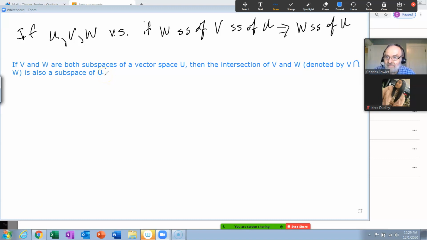If V and W are both subspaces of vector space U, then the intersection of V and W, denoted by V intersect W, is also a subspace of U.